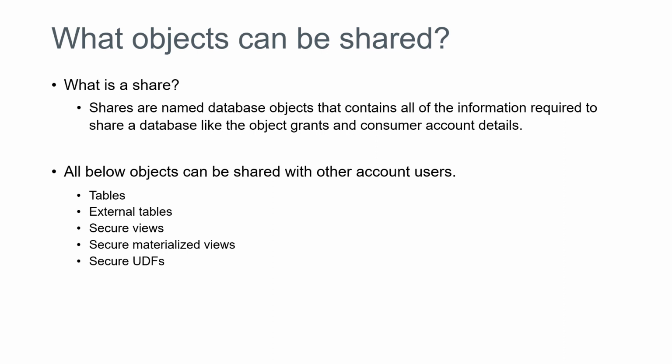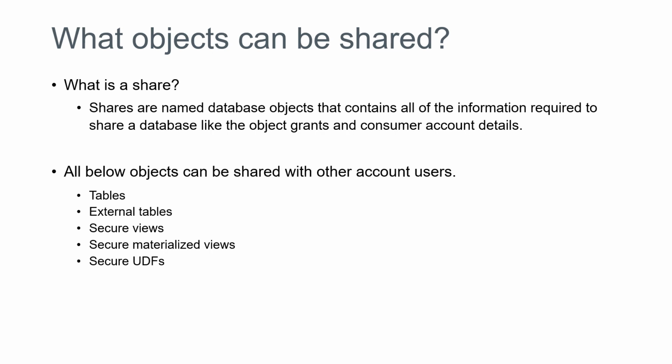So we can add multiple consumers to the same share object if I want to share the same set of data with multiple consumers. So finally, what is a share? It's a named database object that contains all the object grants and the consumer account details.